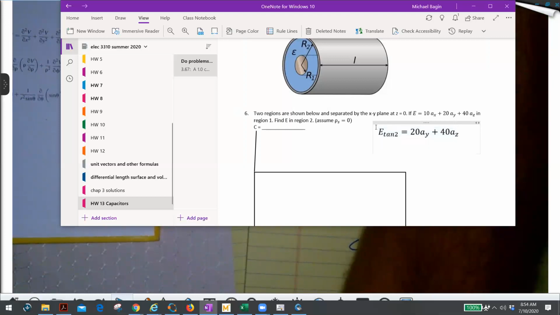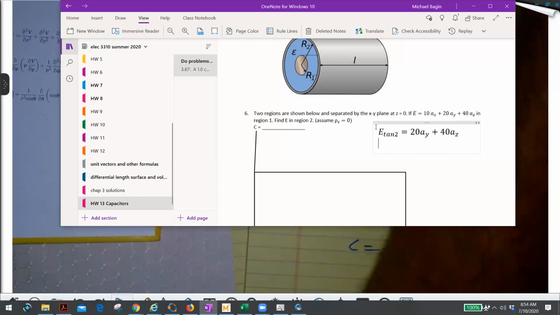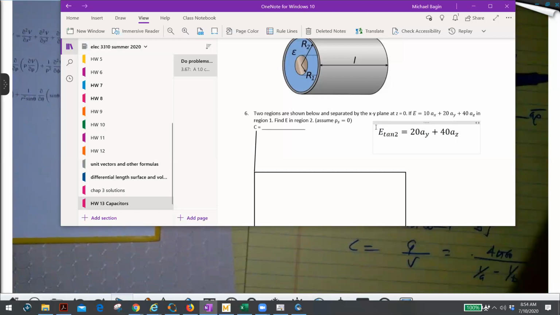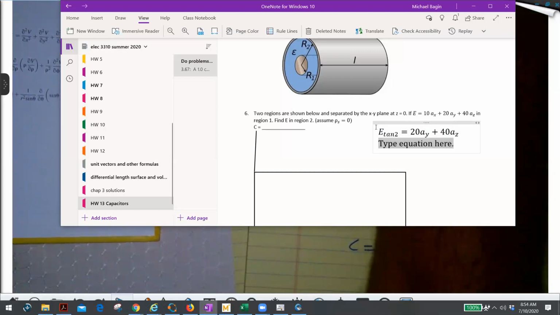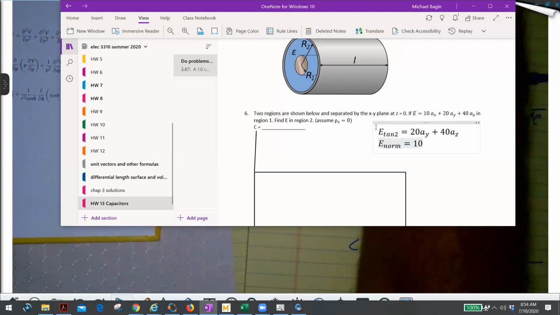All right, how do I get the normal component? It's just 10 a x. Well, the normal would be 10 a x of the E field, right? So E normal would be 10 a x, correct?